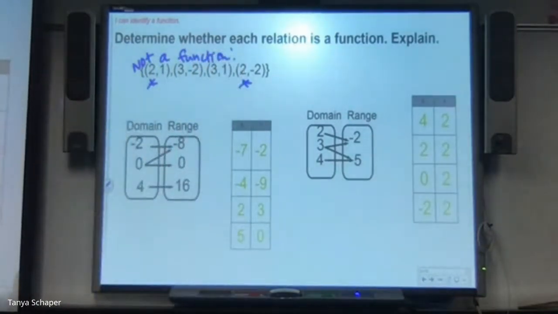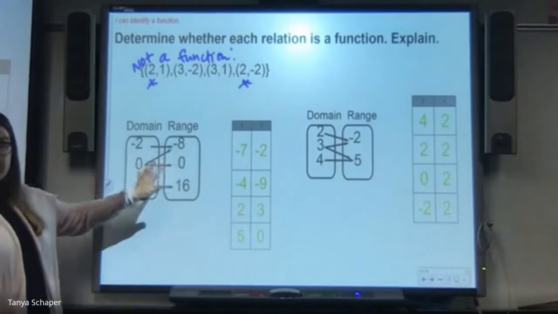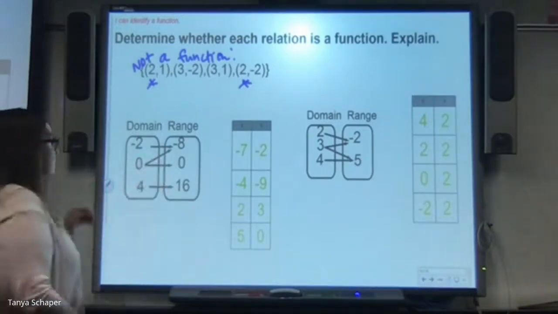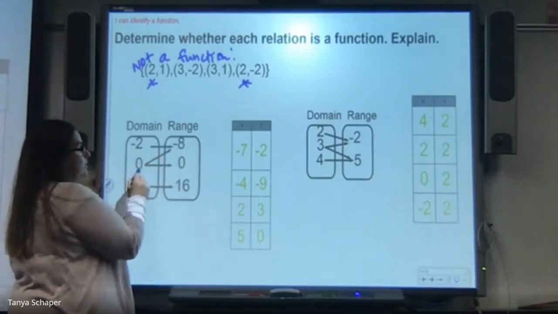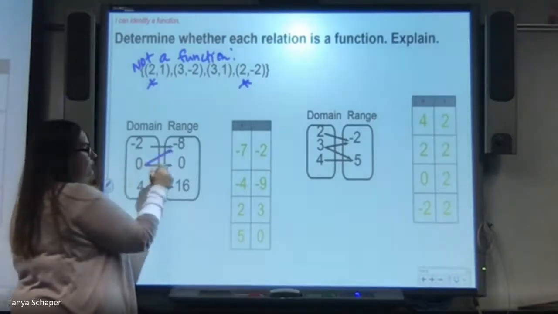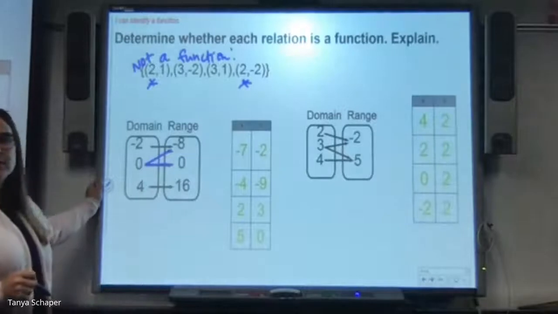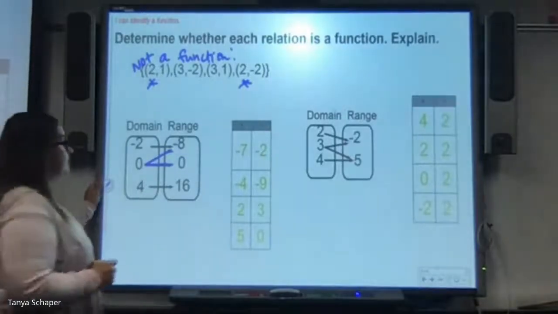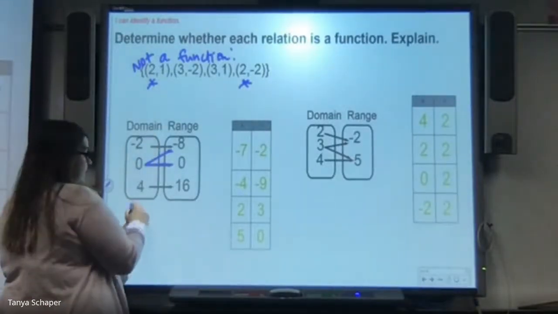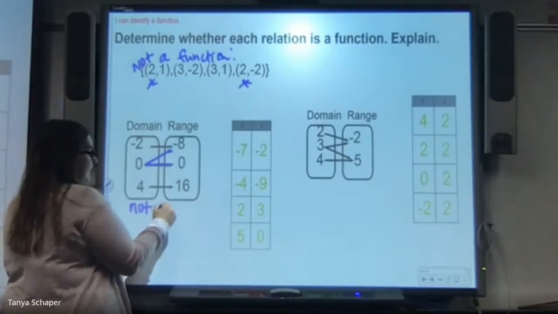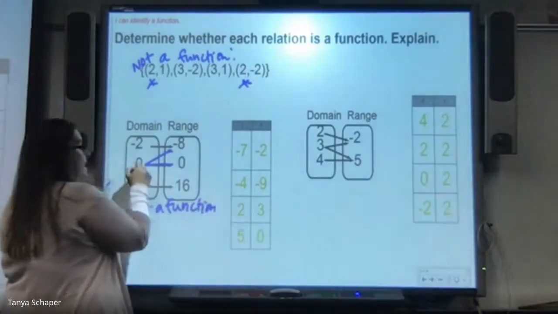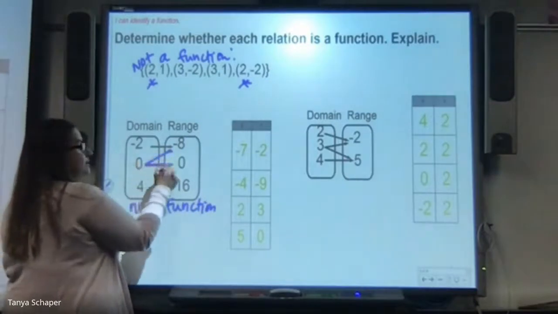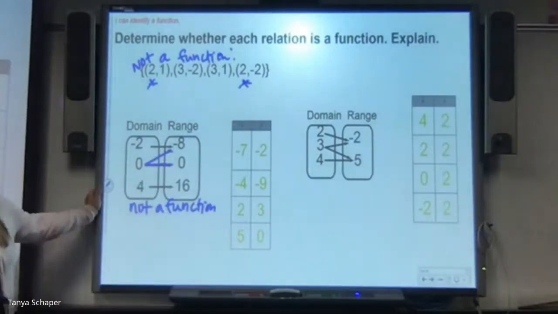When I look at this map, is this a function? -2 has one output. 0 has 2 outputs. So 2 outputs means that this one is not a function. My input has 2 separate outputs.